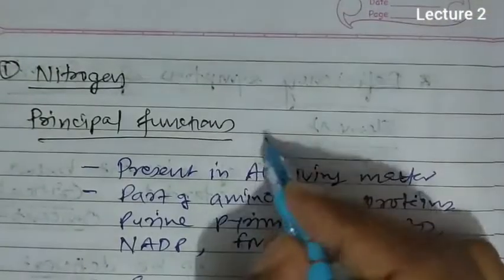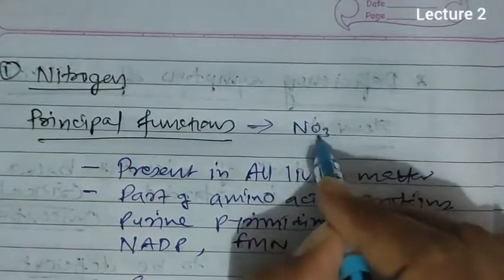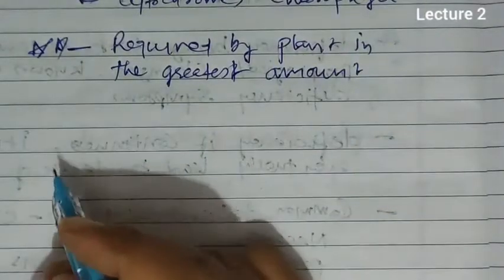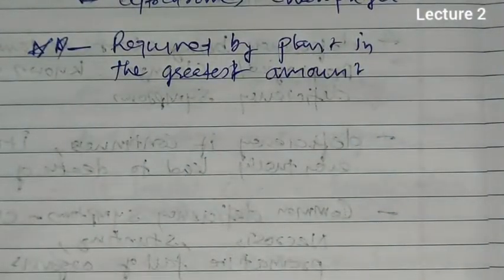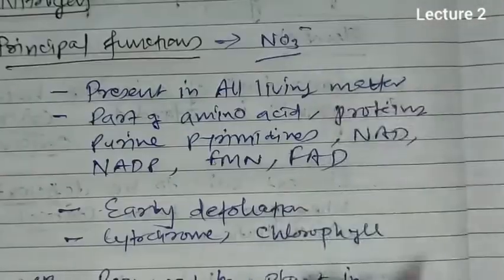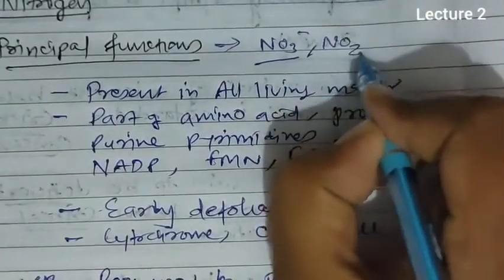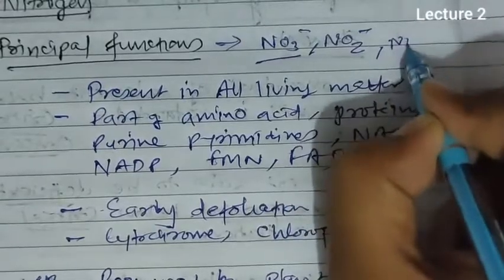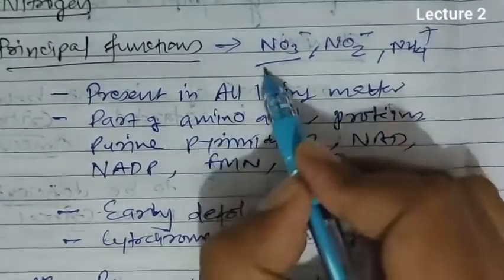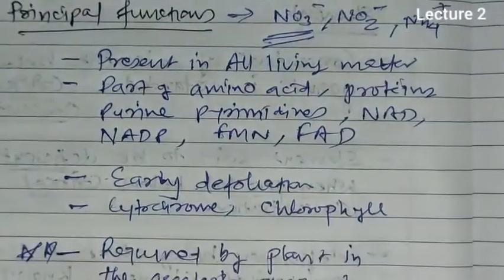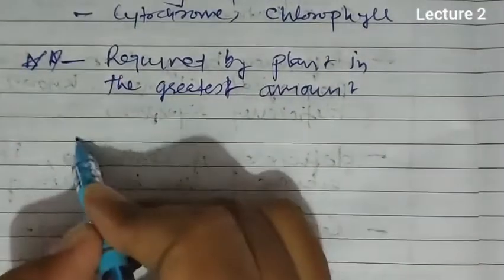Remember, it is absorbed in the NO3 minus form, the nitrate form. Some is also taken up as NO2 minus and NH4 plus. These are the different forms, but NO3 minus is the main form in which it is absorbed.